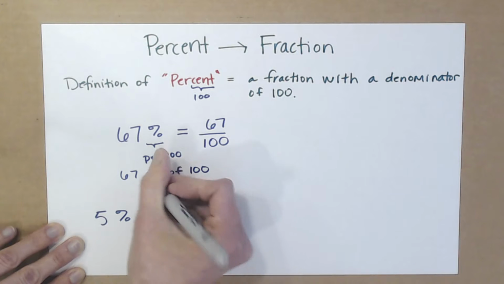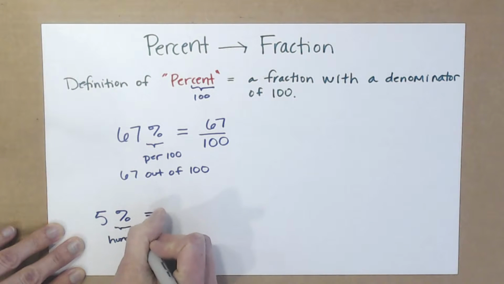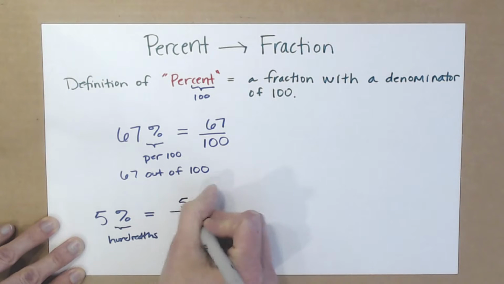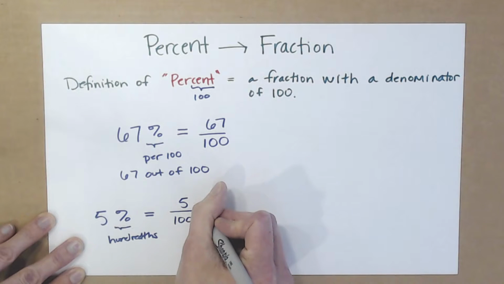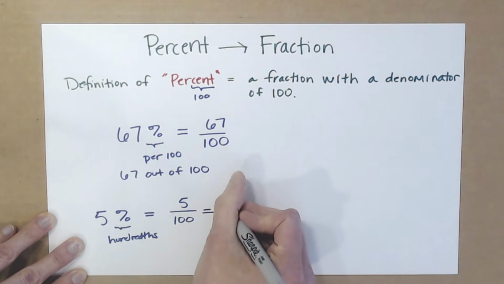You can even think of the percent sign as meaning hundredths. So 5 hundredths would be written like this. In this one, I would want you to simplify in the sprint.